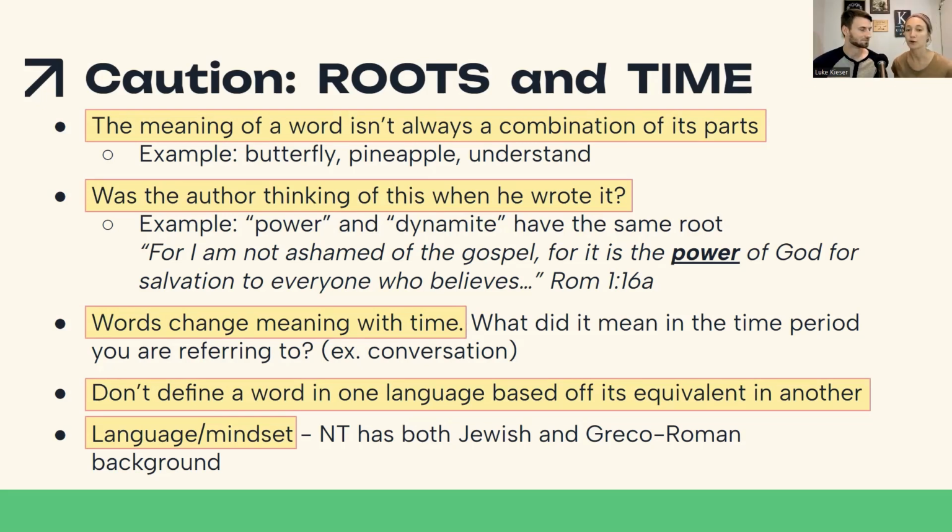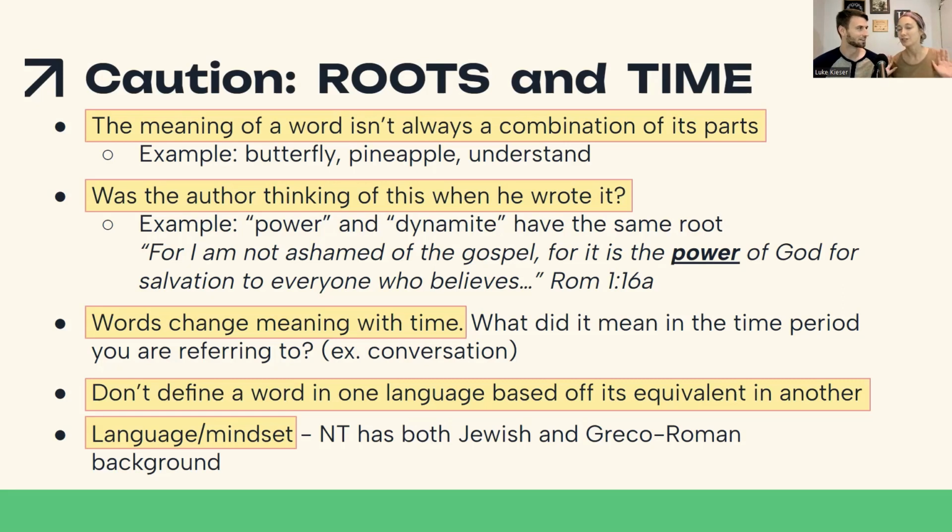So what I'm hearing is, for roots in time, we really need to be careful about disassociating the words from their actual context. The butterfly example, well, if it doesn't make sense in the sentence, then it's probably not what it means. And power and dynamite, well, Paul is not talking about blowing anything up, so we should probably just stick to power because it makes the most sense in this context. Good.